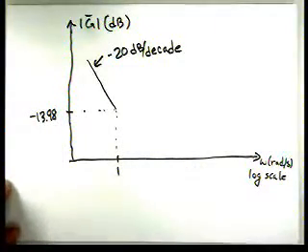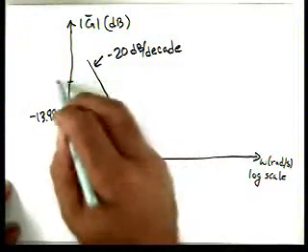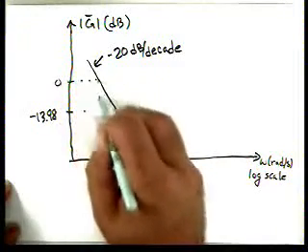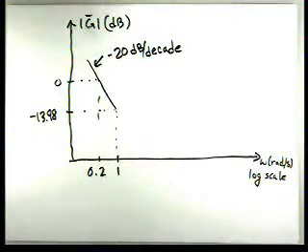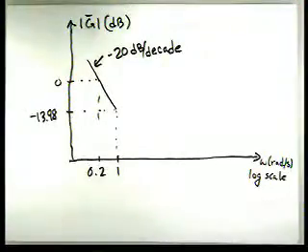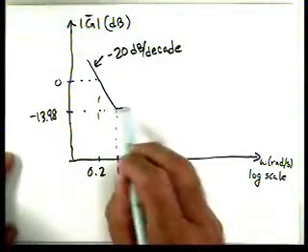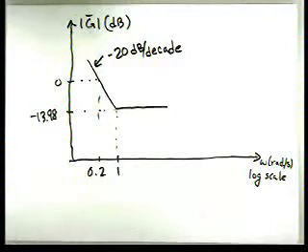So it has a value of 0 back over here at 0.2. Now at 1, the simple zero, its gain starts increasing at 20 dB per decade. This is going down at 20, so when that zero turns on, our slope goes to 0.